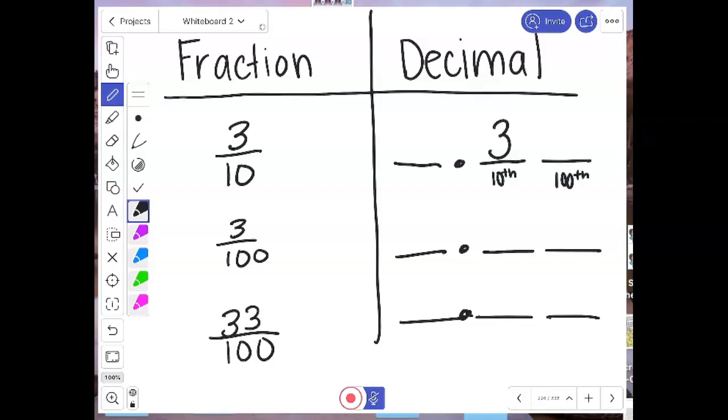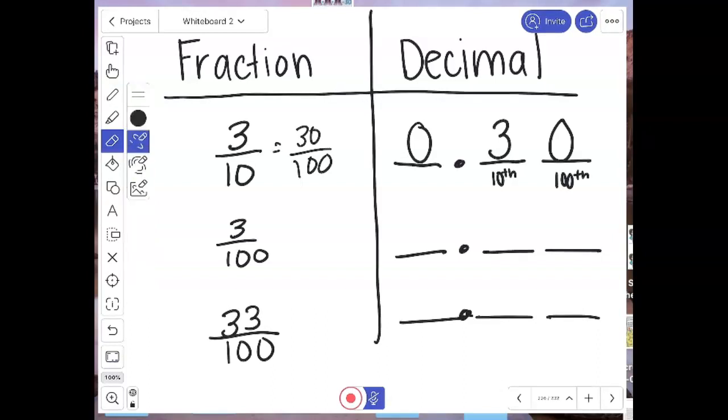So I would write this decimal either as 0.3, or I could also write it as 0.30, because we know that 3/10 is the same thing as 30/100. They're the same. So I can write it with or without that 0. Either way, it's the same because we know they're equivalent.